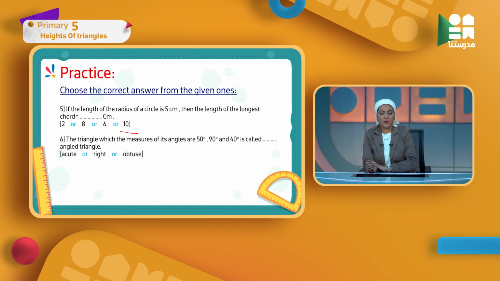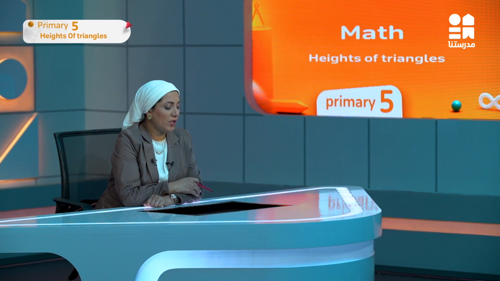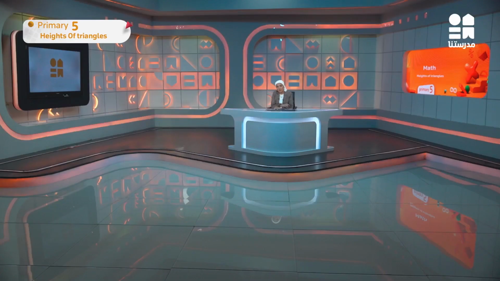Now let's move to another question. The triangle which the measures of its angles are 50, 90 and 40 degrees is called what? We said before that in an acute angle triangle, each one of its three angles is less than 90 degrees. Right angle triangle, one of its angles is equal to 90 degrees, and obtuse angle triangle, one of its angles is bigger than 90 degrees and the other two are acute angles.